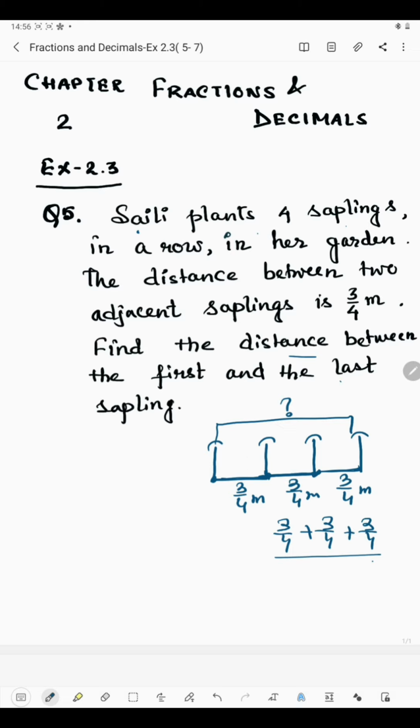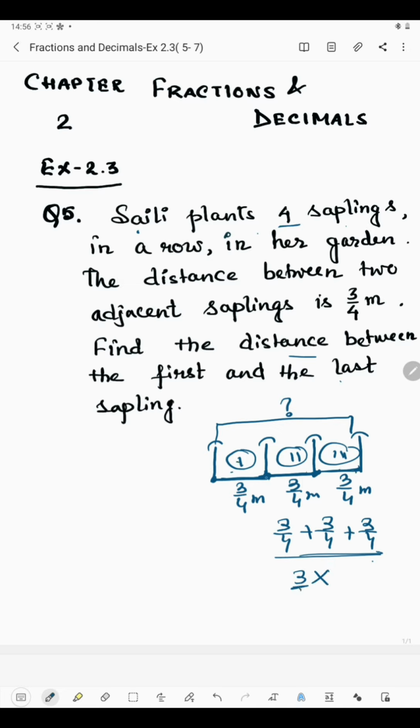Okay, from here to here 1 gap, from here to here it's 2, from here to here is 3. So instead of doing addition, we will just multiply by 3. Why? Because 3 is the number of gaps, not the number of saplings. Here 4 saplings are there, but 3 gaps are there.